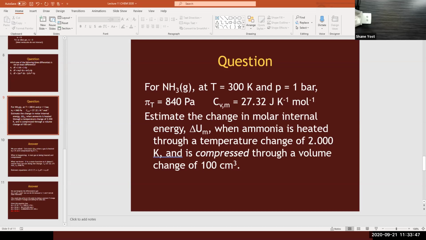So the question is, do we need n and things like that? The reason you don't need n is because we're looking for delta UM, the molar internal energy change, which is delta U divided by n. So your n CVM delta T, you divide that by n, and the n's would cancel. Sorry, for some reason I thought CV was given and not CVM, so I thought you just use CV.